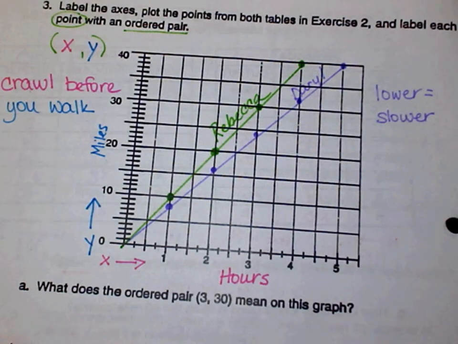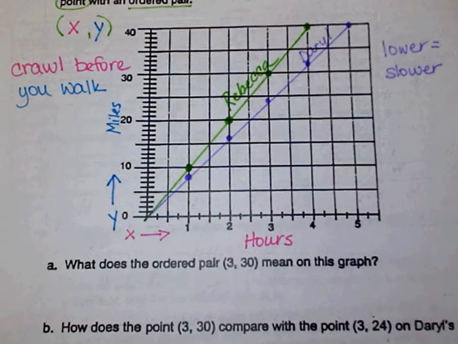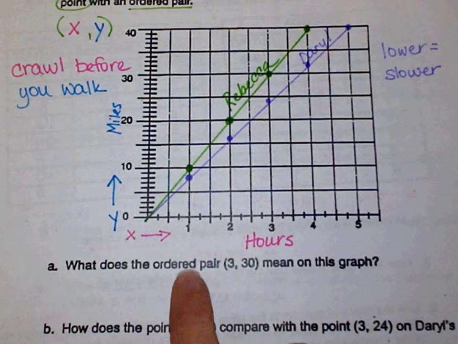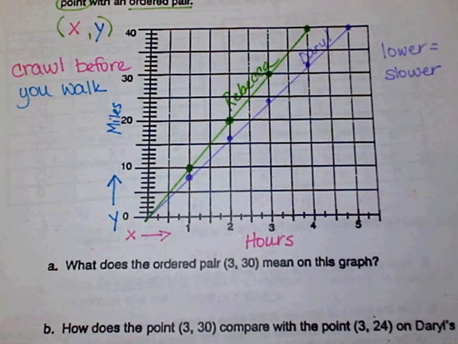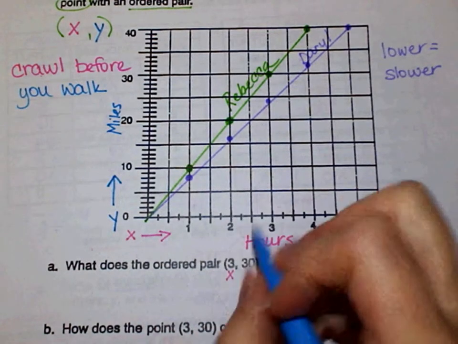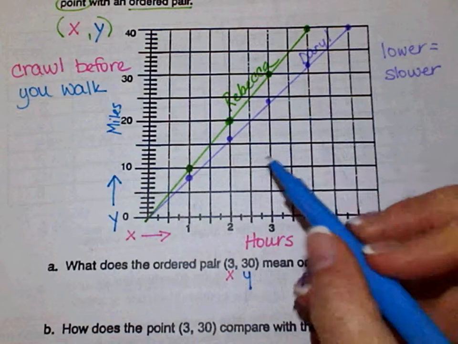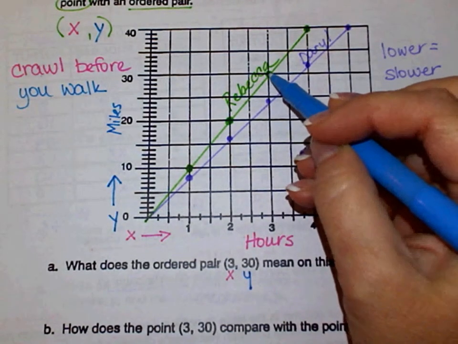Okay, so now we have some questions based on this information. A says, what does the ordered pair, well, as soon as you see ordered pair 3, 30, you know that the 3 is X, the 30 is Y. So if I look at 3 and 30, that's on whose line? Rebecca.